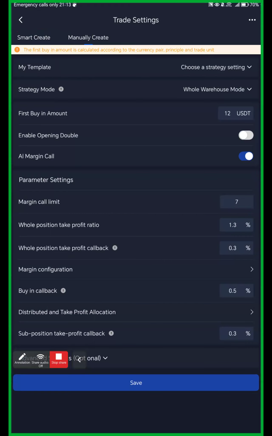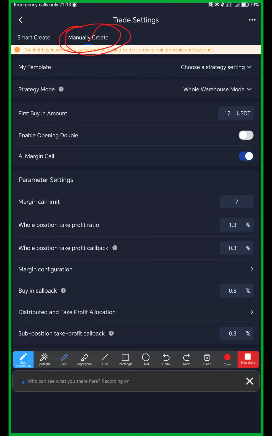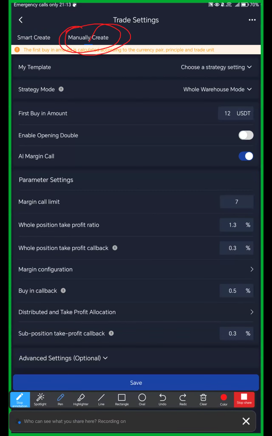So ladies and gentlemen, I'm not going to go through all these things here. Pardon me, I'm not doing trade settings today. I just want to show you how to set the MACD in this setting of RoyalQ. So I'm not going to do all these. What should you put here?